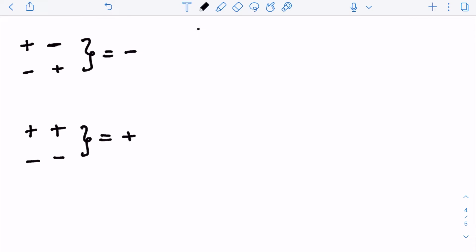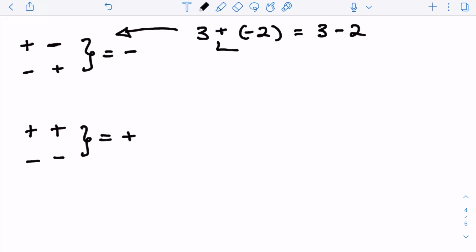If we start with, let's say, 3, and we're first going to use a plus and then a minus, then according to this table, what we should have is 3 minus 2, because the plus and the minus equals minus. And this gives us an answer of 1.